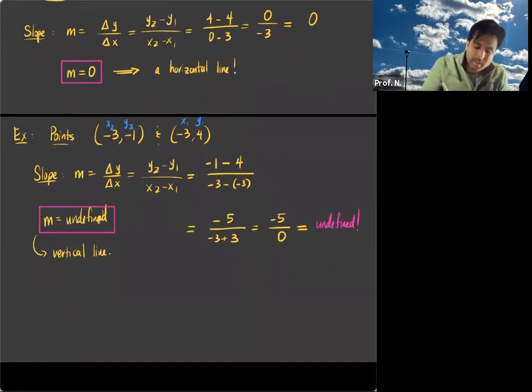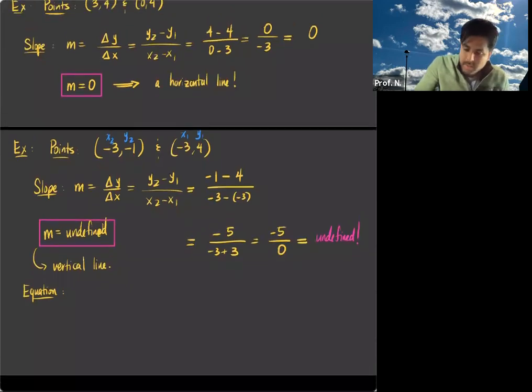Who would know the equation? Remember vertical lines? What's the form of a vertical line? What's the equation of a vertical line? And then I'll ask the same thing here. For the other example, what would be the equation?